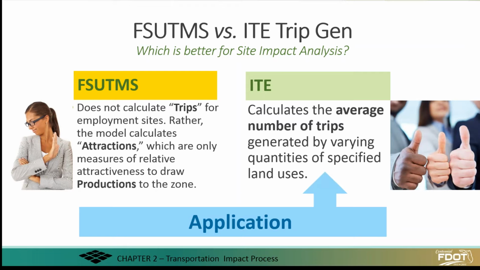On top of that, the model from FSU-TMS will also make adjustments on attractions, which are the types of trips which are generated at the employment end of the trip. So if you're doing a site impact for a large shopping area or a large business park or some other type of activity, FSU-TMS will adjust the trips coming out of the model up or down in order to make it match on a regional level with the number of productions coming out of people's homes.